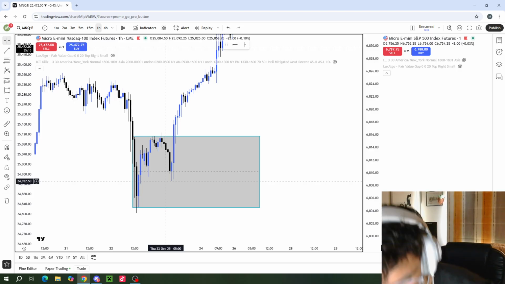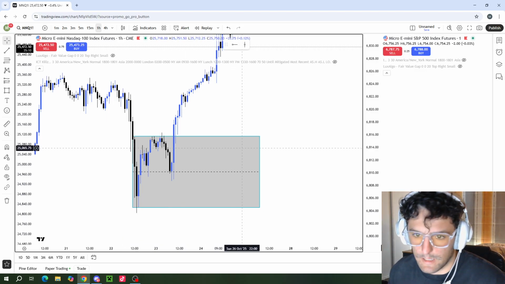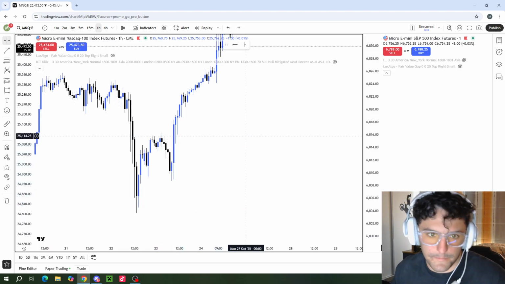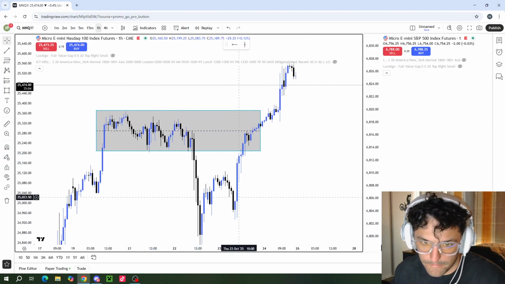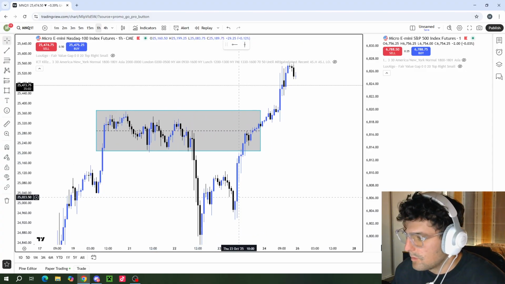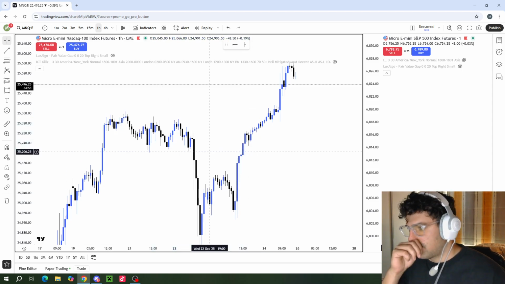I'll give you a second to think about this one. If you said uptrend, you are correct. What about here? I haven't told you about this yet. It's right, we are consolidating. We are not in a trend at all.